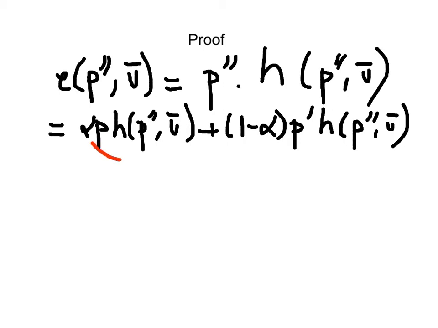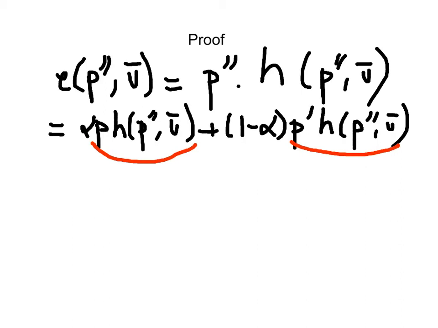This here, P times the Hicksian demand at the price level P double prime, is the cost of the bundle which is optimal for P double prime, but evaluated at a different price system, evaluated at P. And this here is the cost of the same bundle evaluated at P prime.